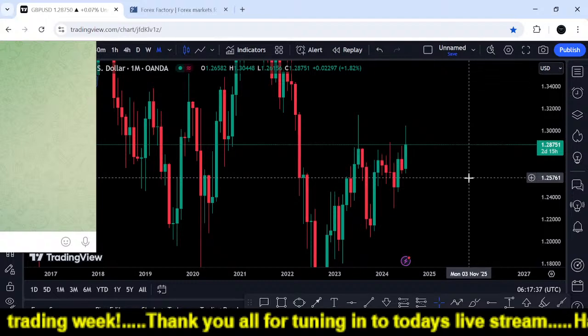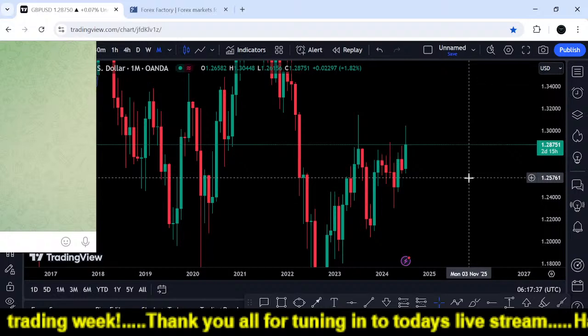Usually I change the colors for me to be able to clearly identify them when I go to the other time frames. Usually at first you don't see gaps, but of late I've been seeing gaps in the market. I don't know whether it's because of the upcoming US election.